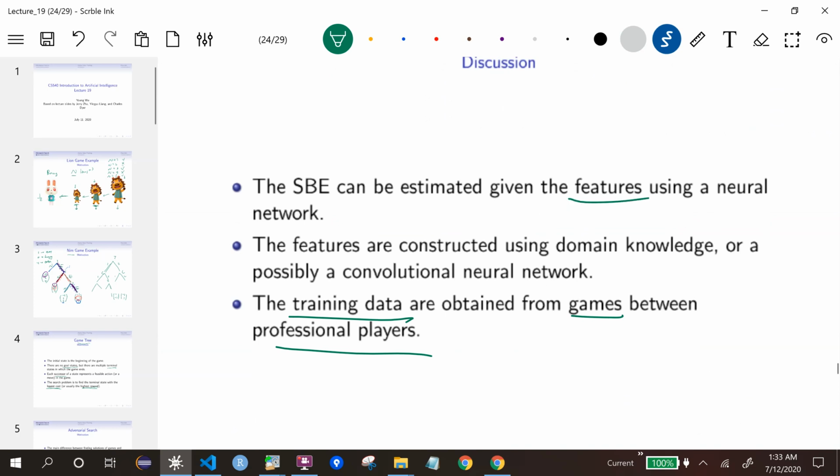We can use the features that I talked about, from experts for that particular puzzle or game, or we can just use a convolutional neural network to learn those features, and then train on the training data from games between professional players.